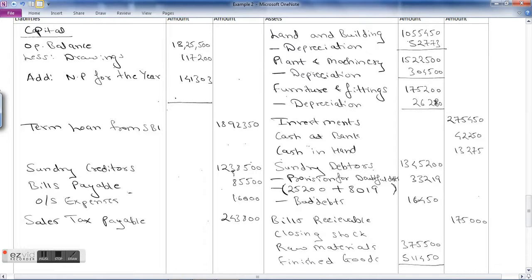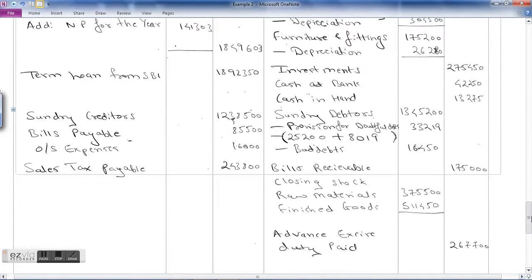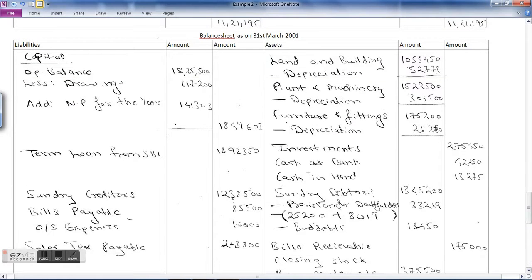Capital, your capital comes to 18,49,603. Then liability side, there is only one internal calculation. Now asset side, land and building comes to 10,02,677.